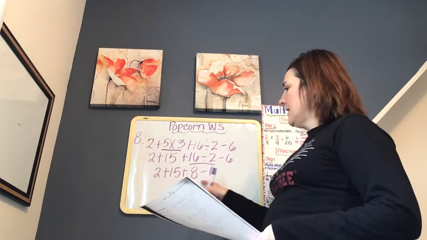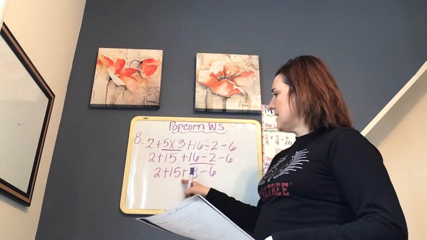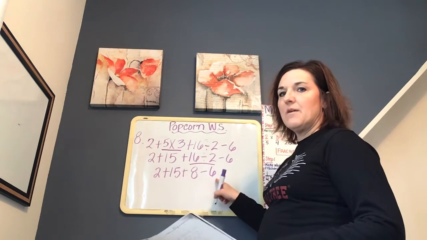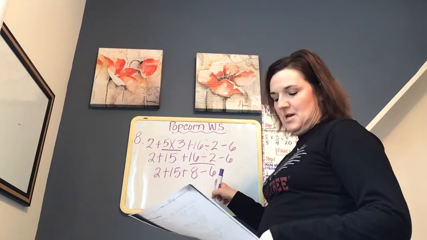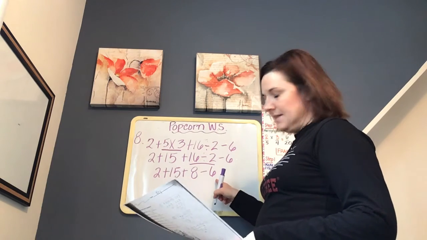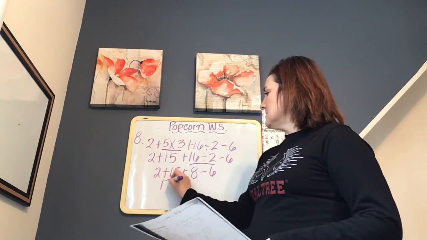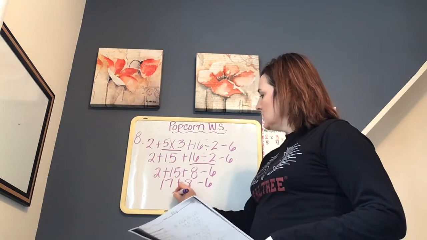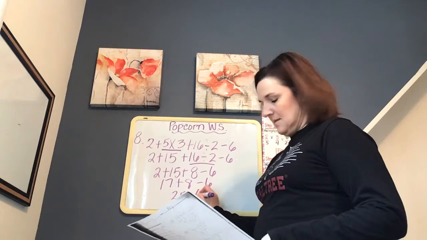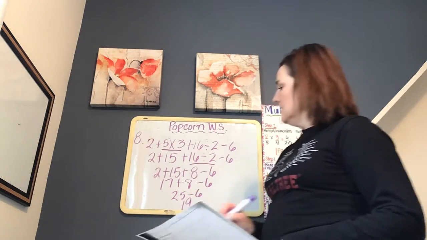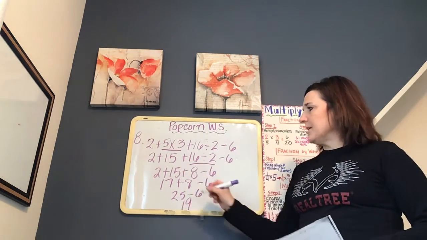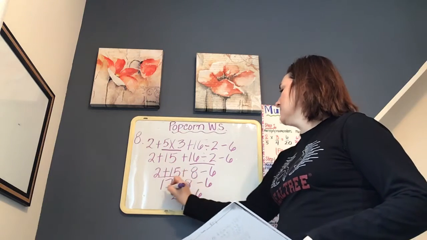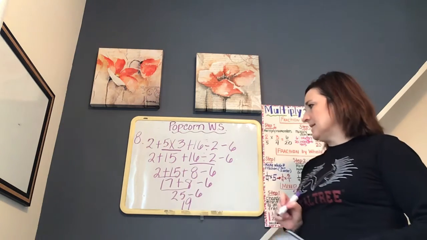Now, again, there are two of the same symbols on the same line, but you're broken up by this subtraction, so you want to make sure that you're doing one at a time. So this is 17 plus 8 minus 6, 25 minus 6, and we're getting 19. So again, one operation at a time.